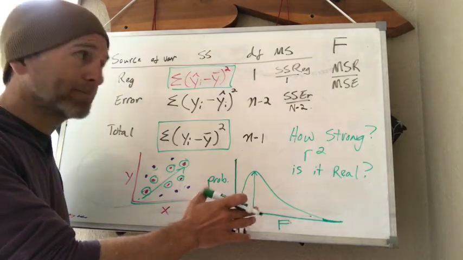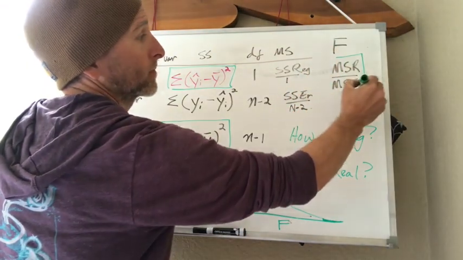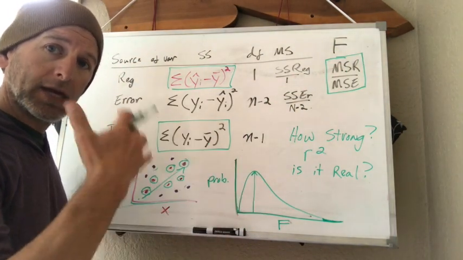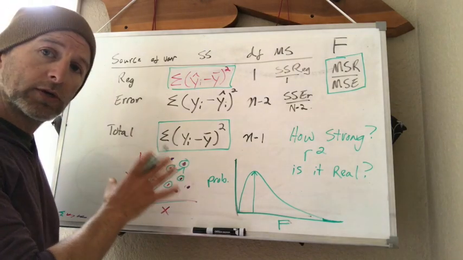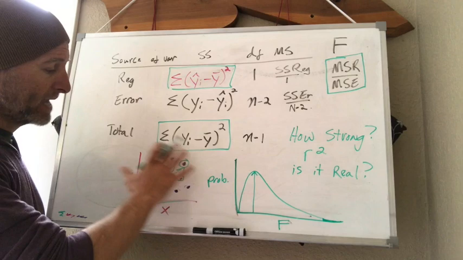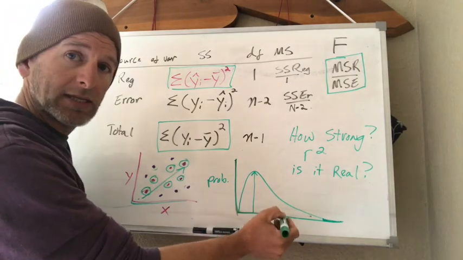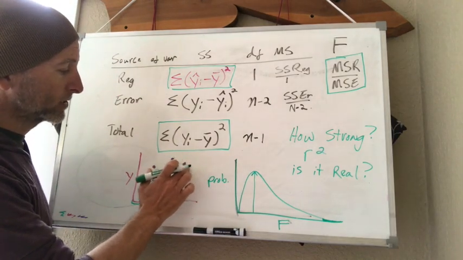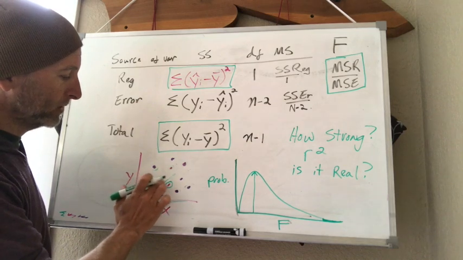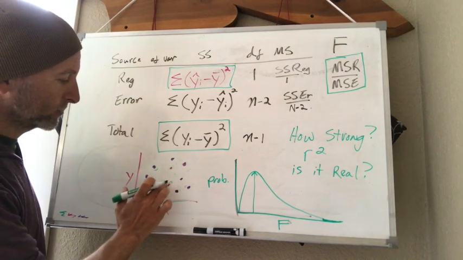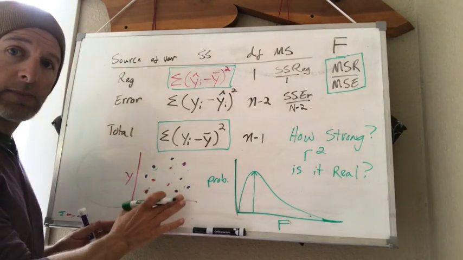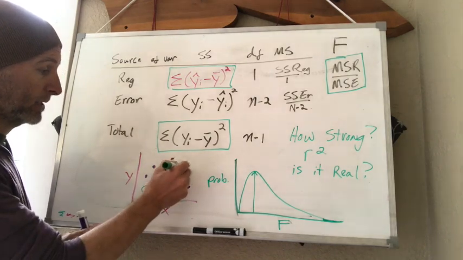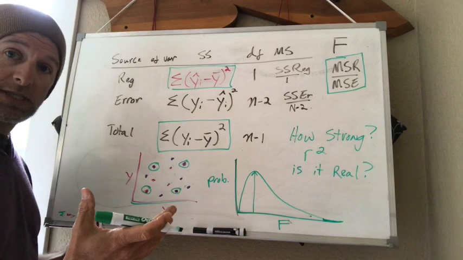That's where the F-score comes in. The F-score calculates the ratio between the regression mean squares and the error mean squares in the case where there's no real relationship. If we take a data set with no real relationship and we calculate the F-score, we find that most of the time we don't find the last case I drew here. Most of the time, when you sample a data set, bear with me while I erase the green marks here, where there's no real relationship, you will end up sampling points that look something like this.